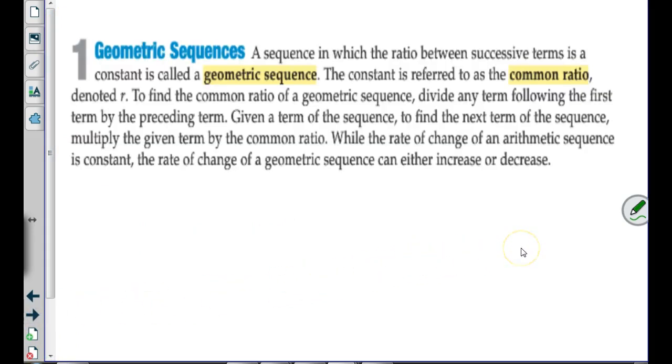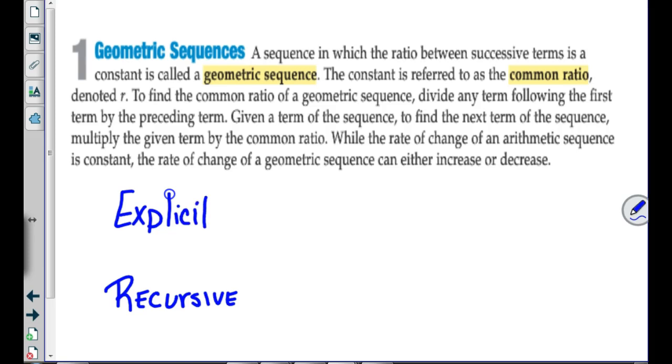All right, does anybody remember the two different formulas, explicit and recursive, for geometric from when we talked about them before? Explicit. Okay. Yes.